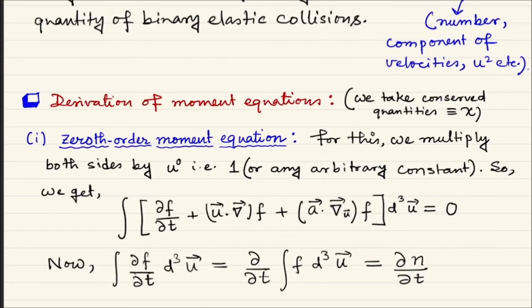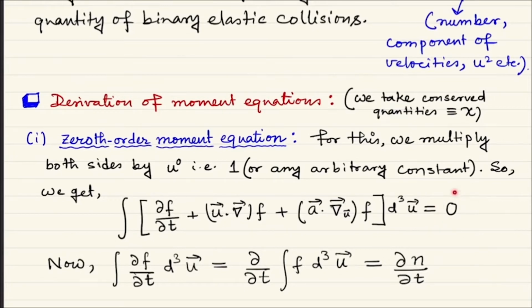In order to derive the corresponding moment equation, we have to multiply the whole equation by either 1 or any arbitrary constant, and then integrate it in U space. That's exactly what we have done here.